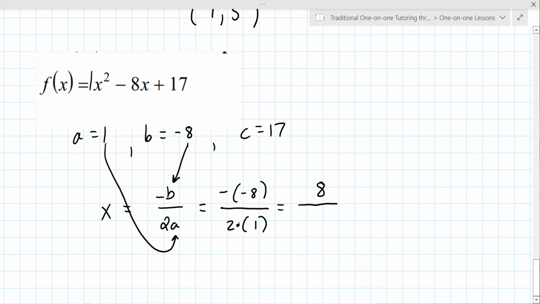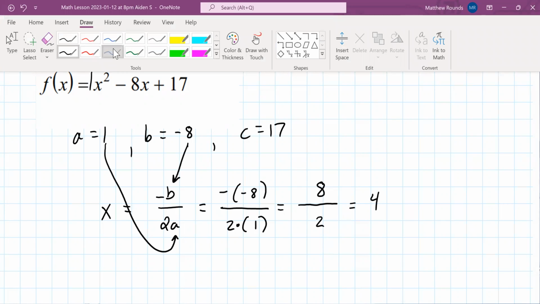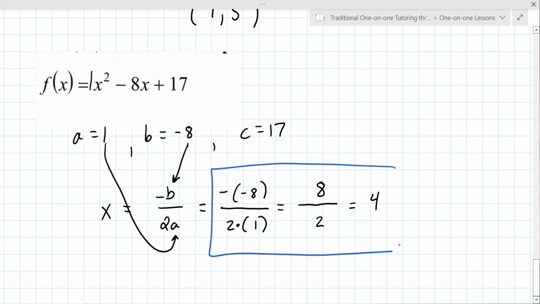They're on the bottom, they're multiplying, so you multiply them first. 2 times 1 is 2. 8 divided by 2 is 4. Earlier, when I said to work this out on your own, I was asking you to do this part in blue and just give me the final answer of 4.